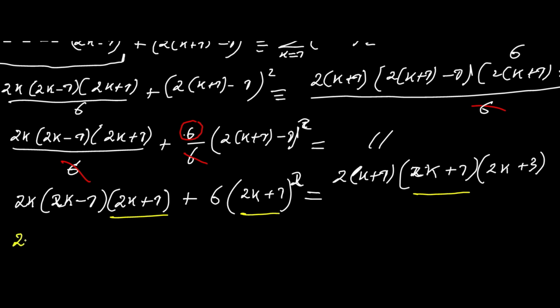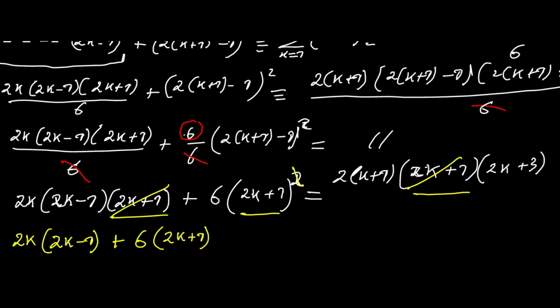So here we're instead going to have 2k into 2k minus 1. Now since this is going to go away, it will go away with one of these and also with that, so we'll be left with plus 6 into 2k plus 1.